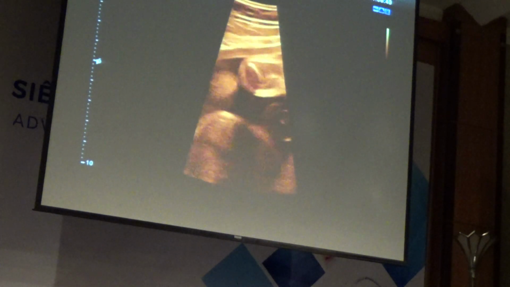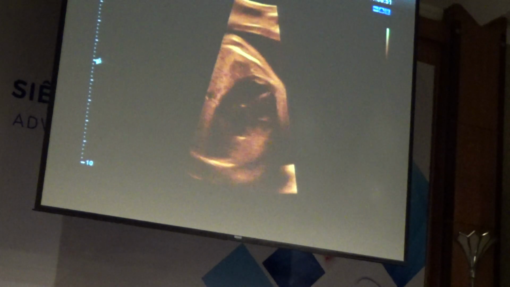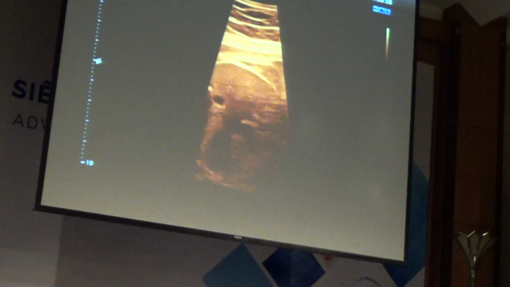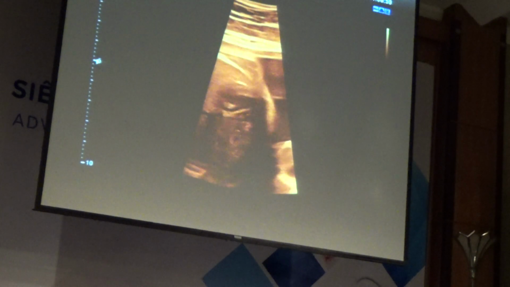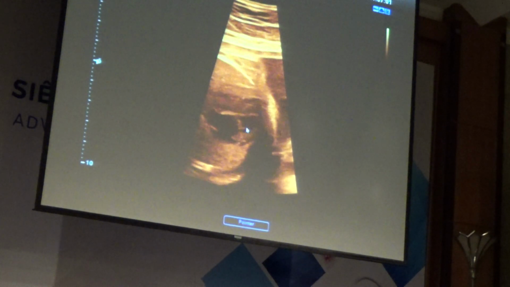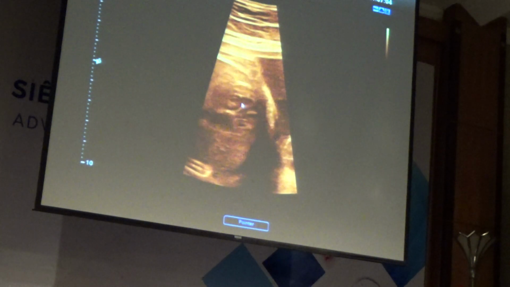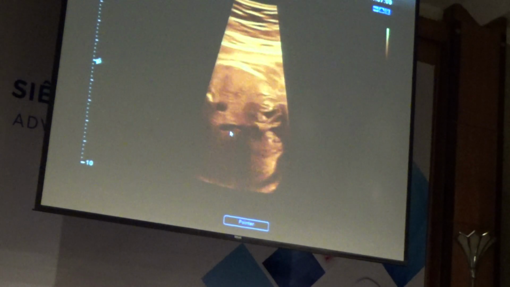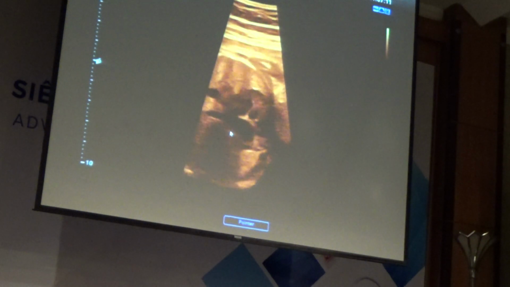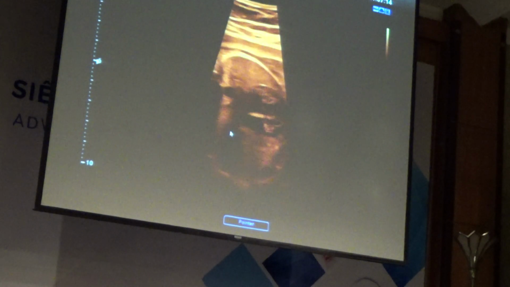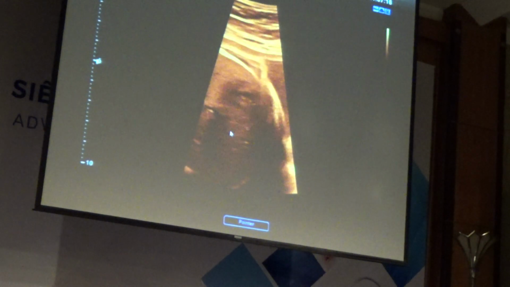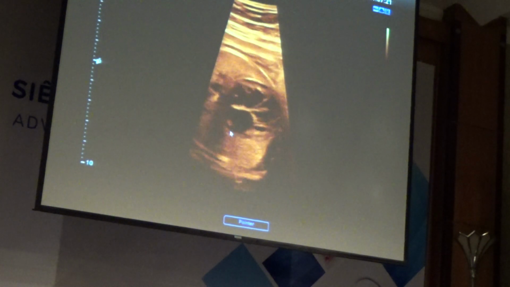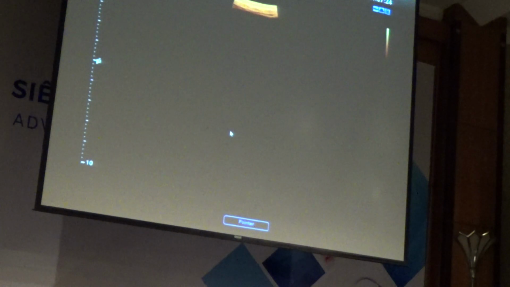Well, I'll go this way, although I prefer the other way. I prefer to have the right ventricle on top, left ventricle below. But for now, we could try this way. Maybe I'm going to have her move again, go on to the other side.